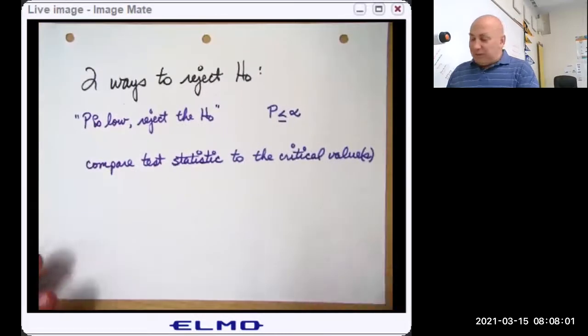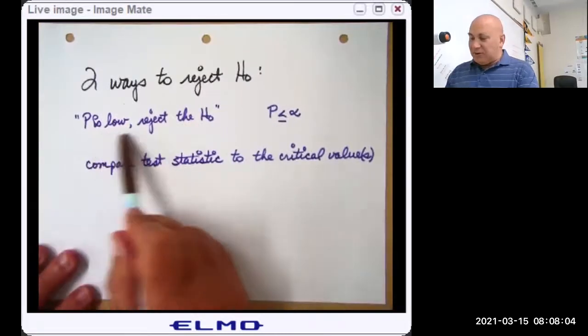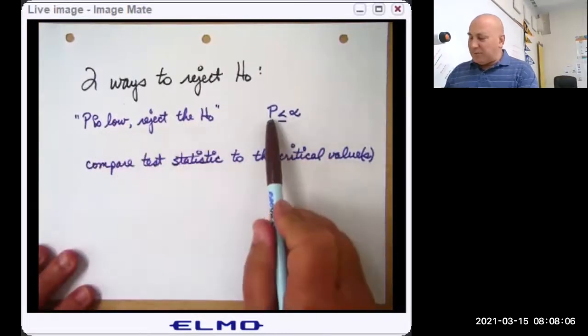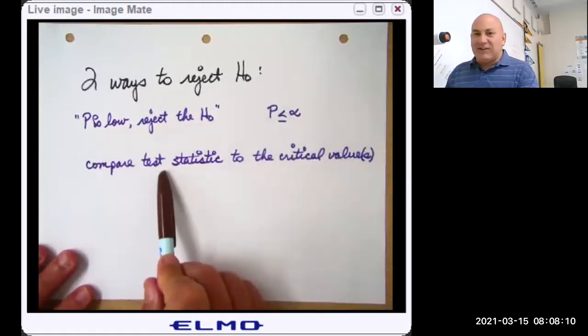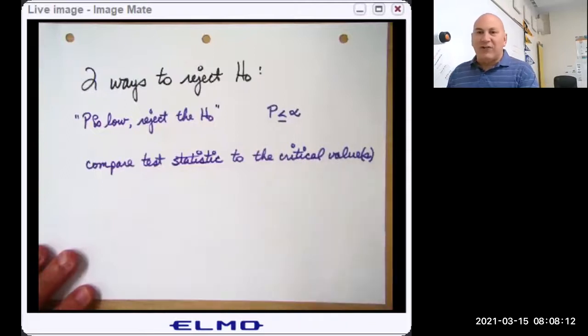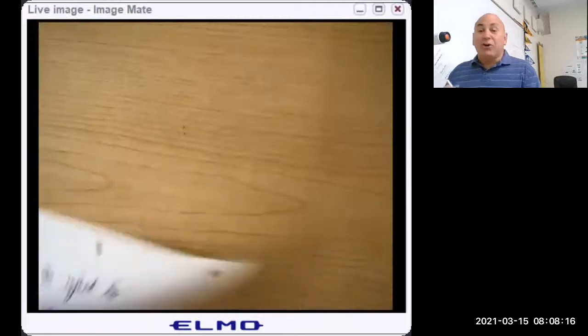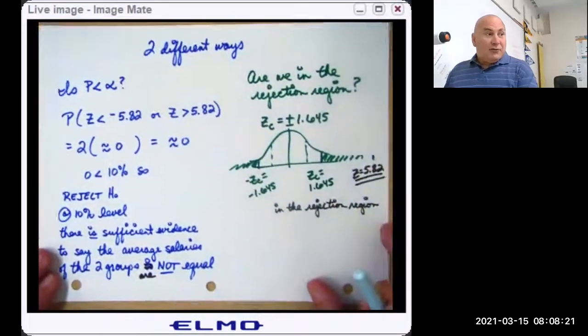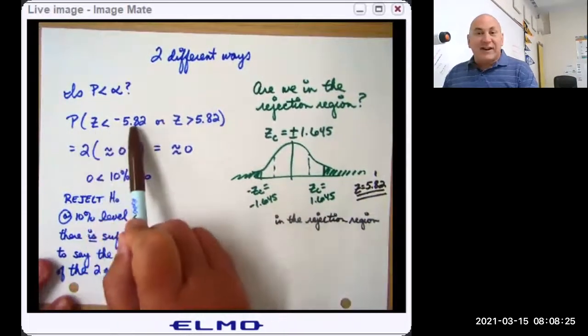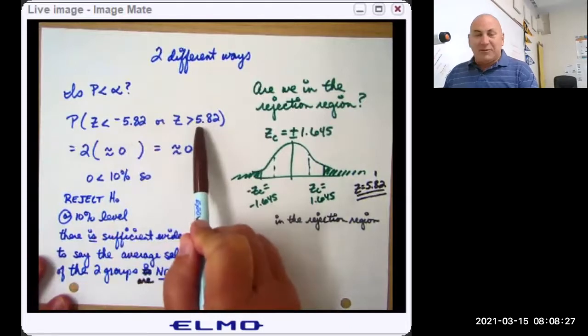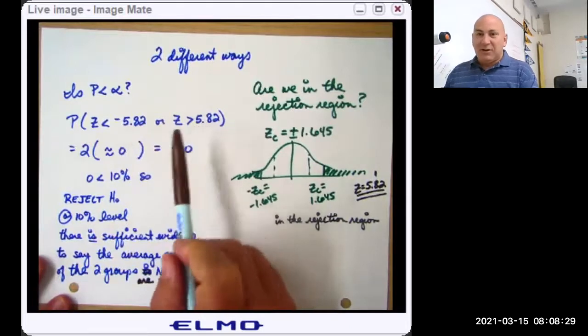So there are two ways we could reject the null. We could use our little quote here where we compare p to alpha, or we can compare our test statistic z to critical values. We're going to do both. So on the left side in blue, I want the probability that z is less than negative 5.82 or greater than positive 5.82.